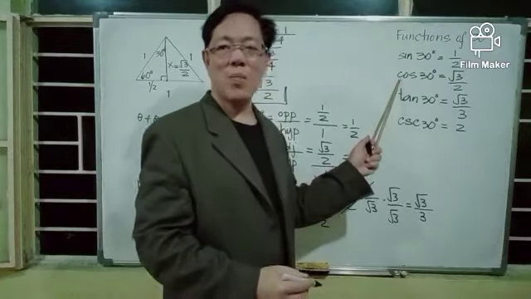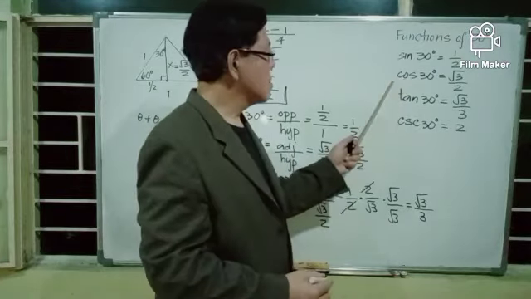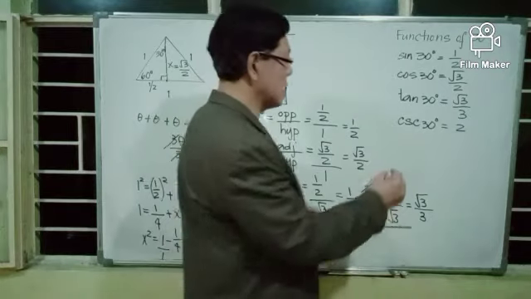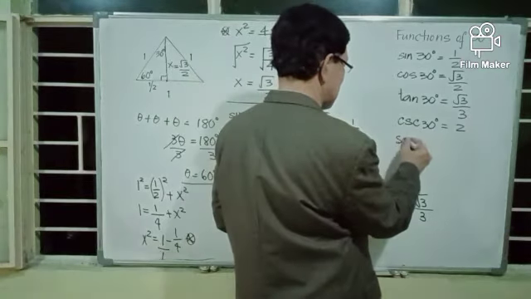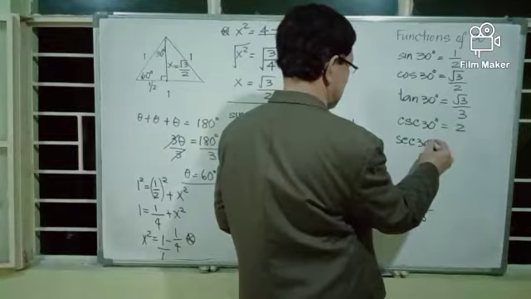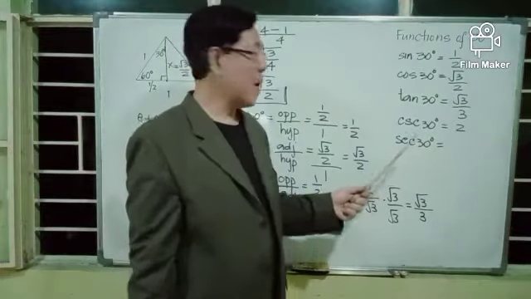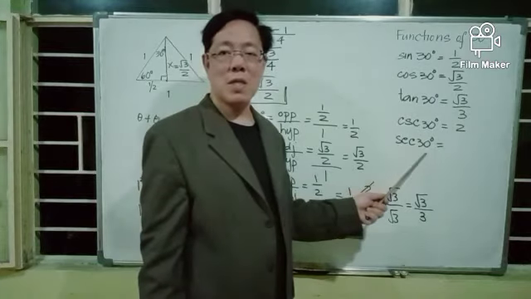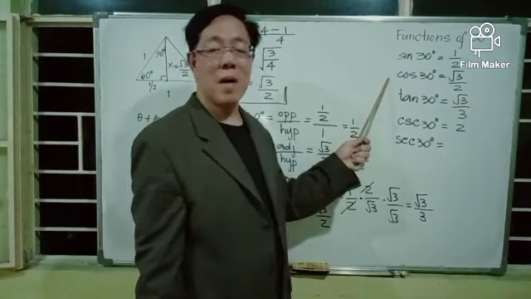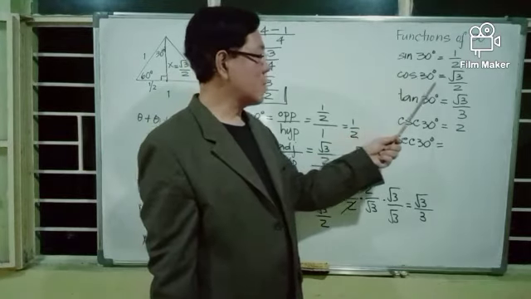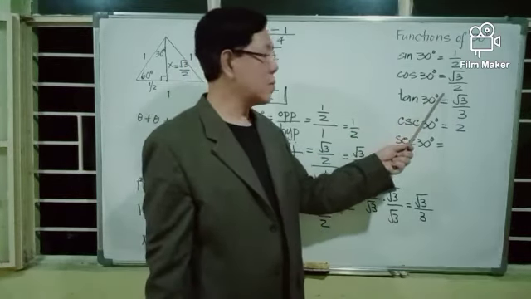The reciprocal of cosine is secant. So the value of the secant of 30 degrees is the reciprocal of the value of cosine of 30 degrees.